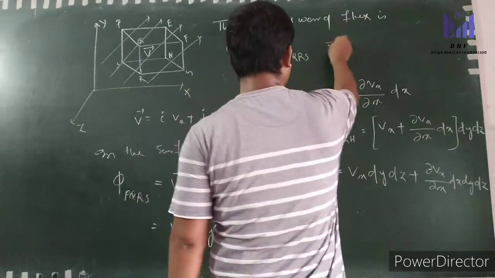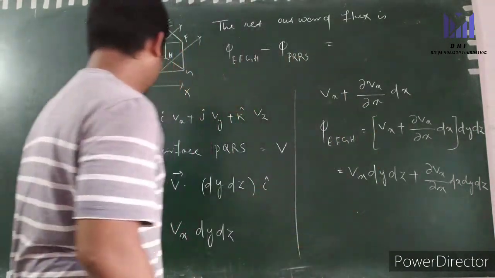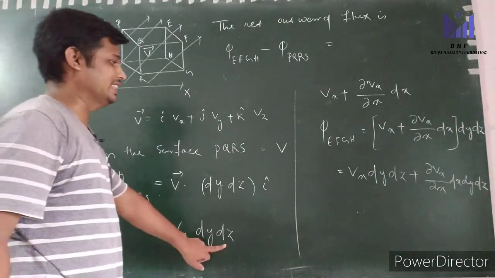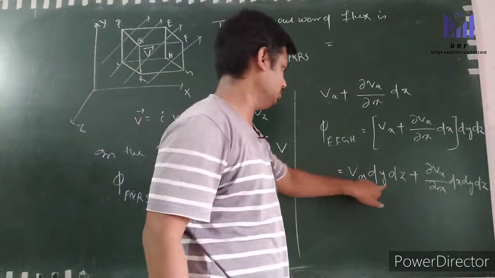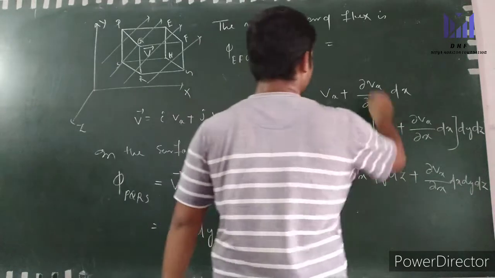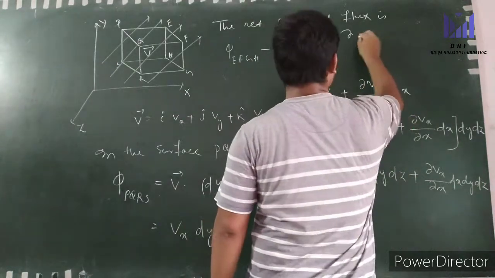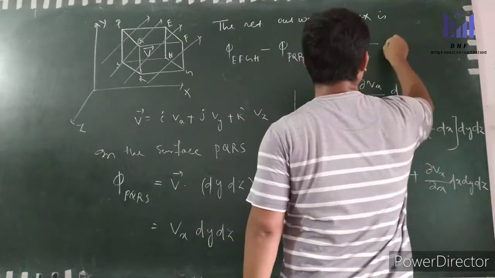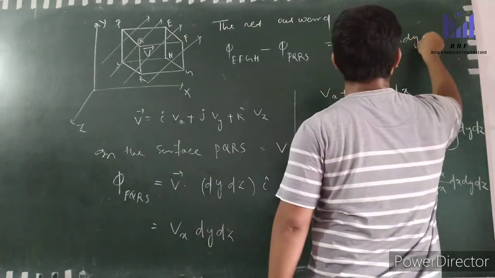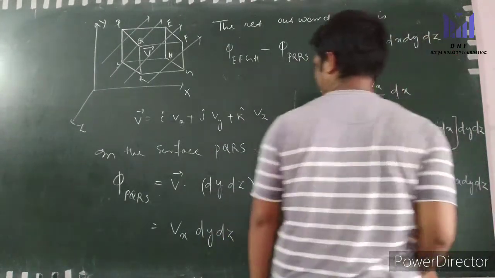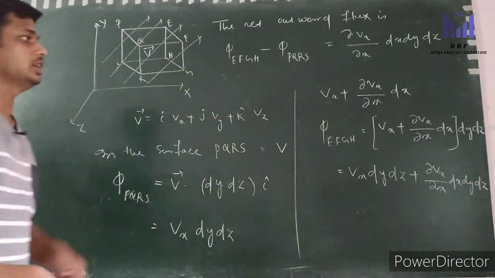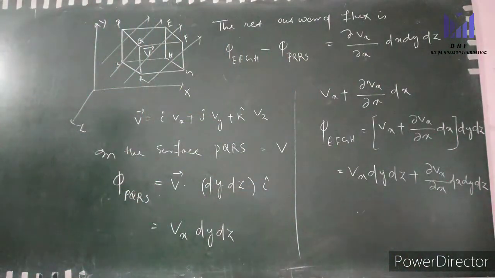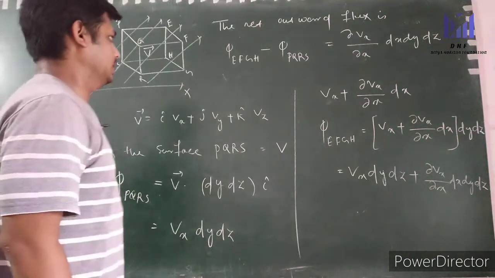The term Vx dy dz cancels out, and the remaining term is del Vx by del x dx dy dz. So this is the net outward flux in the x direction.